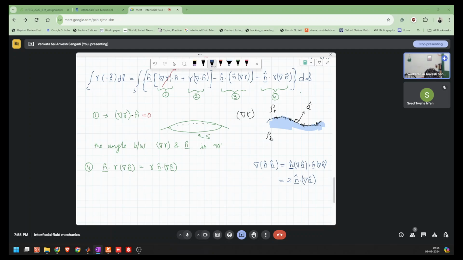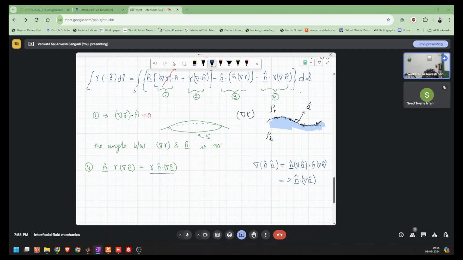So we see that the gradient of n cap dot n cap gives us twice n cap dot grad of n.